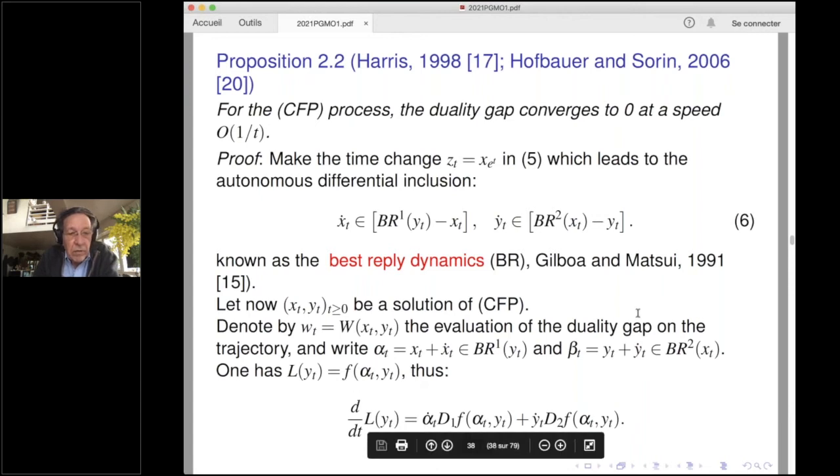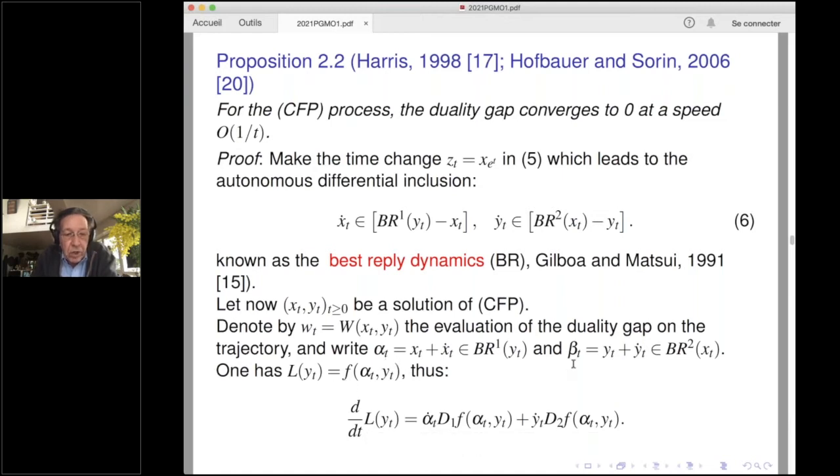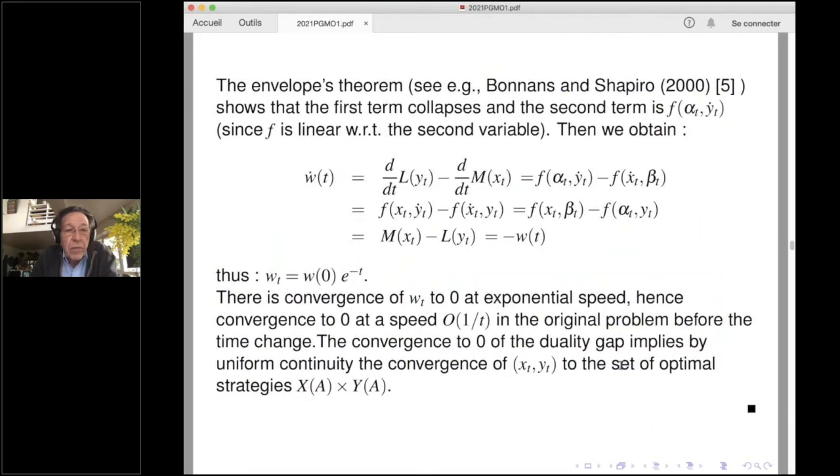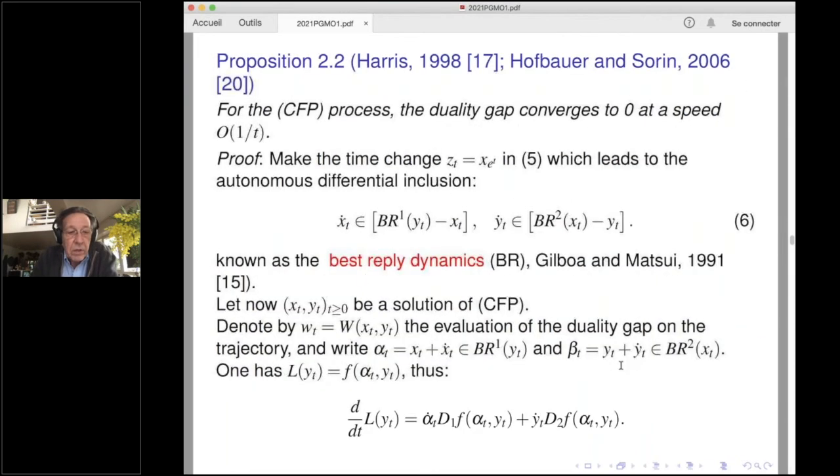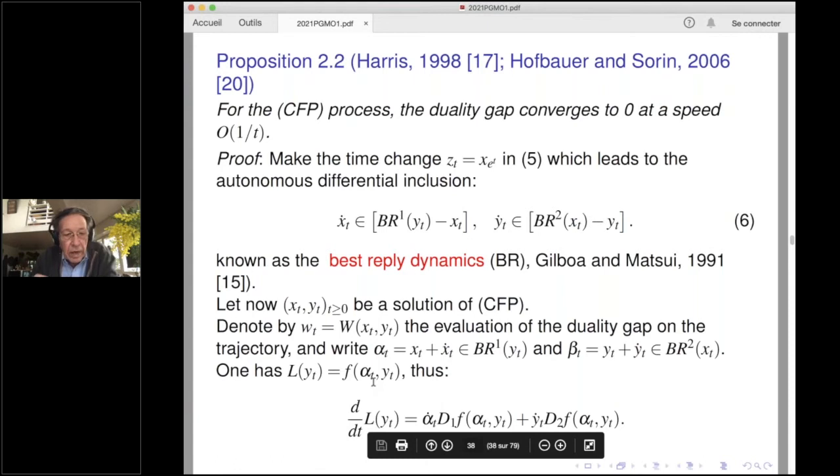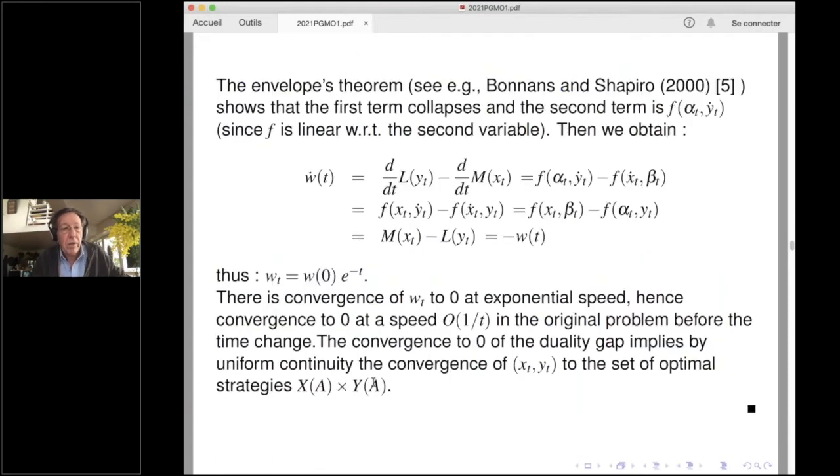So in particular, if you take the derivative of L of y t, you use the envelope theorem to see that the first term collapses, because alpha t realizes the maximum of this function.